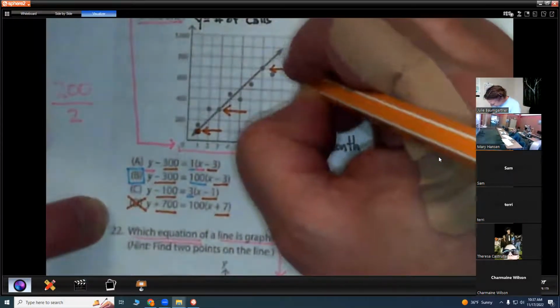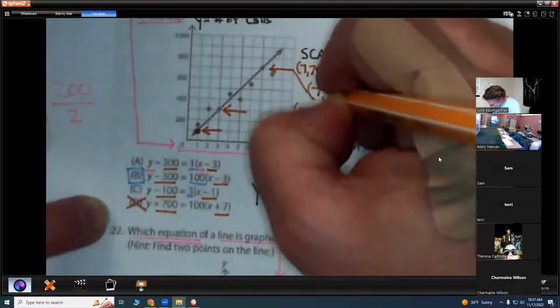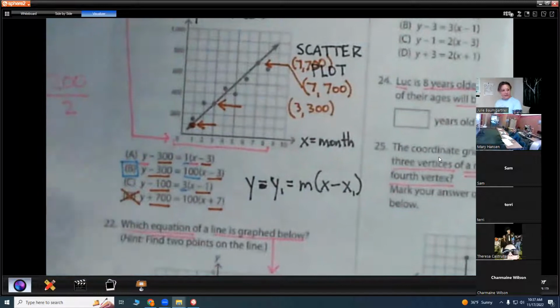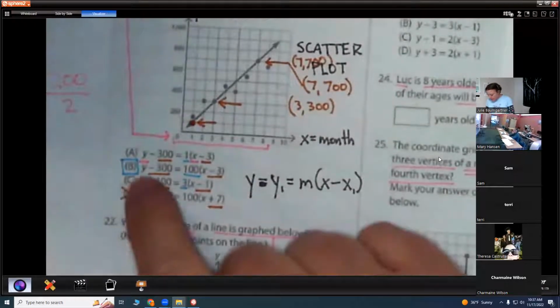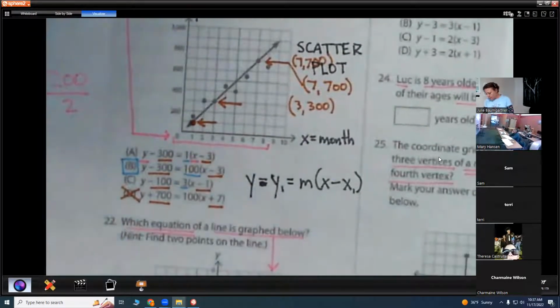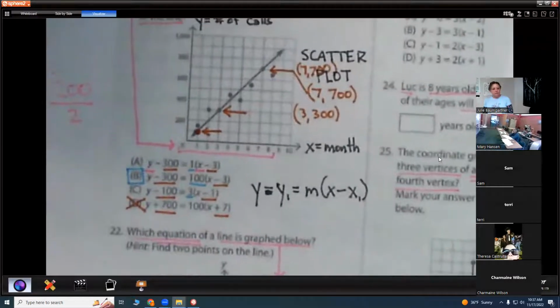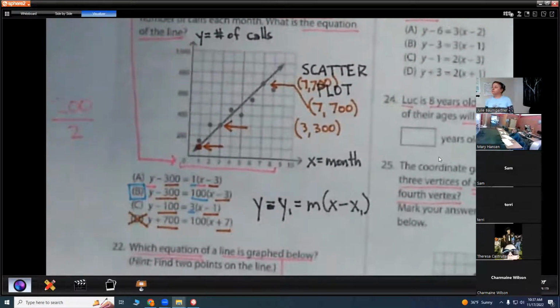The line that is the correct answer, you could substitute those X and Y values in and it would make the equation true. The way Curtis and I did the problem, we looked at A, and substituted in Y is 300 or 700. If I start with the first point, 300 minus 300 is 0. On the right-hand side, X minus 3, the only line that both of those coordinates will make a true statement from is B. I see what she's talking about.